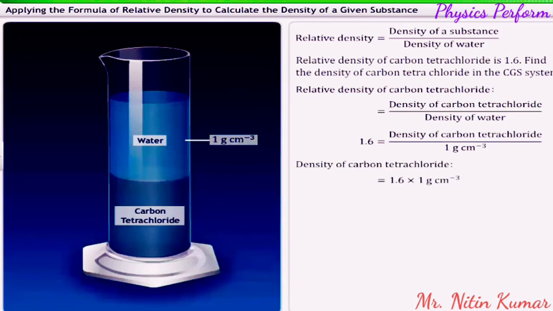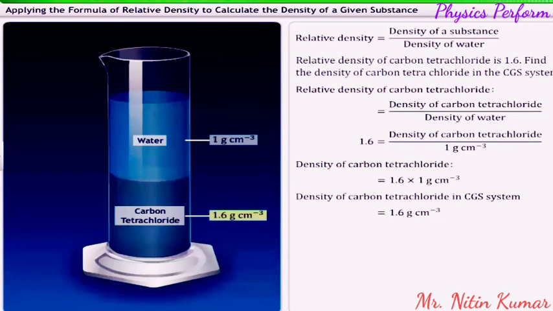Density of carbon tetrachloride is equal to 1.6 into 1 gram per cubic centimeter. Therefore, the density of carbon tetrachloride in CGS system is equal to 1.6 gram per cubic centimeter.